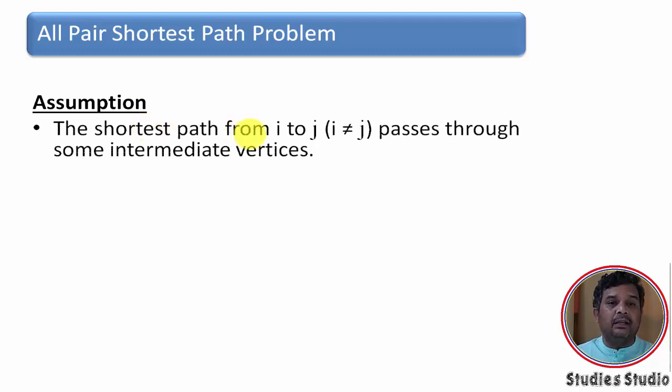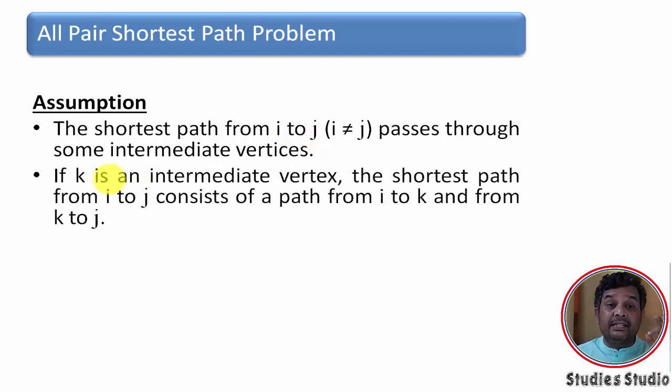The shortest path from i to j, where i is not equal to j, passes through some intermediate vertices. If there is no direct edge from i to j, we have to find a path from i to j via some intermediate vertex. If, let us say, k is the intermediate vertex, the shortest path from i to j consists of a path from i to k and then from k to j.